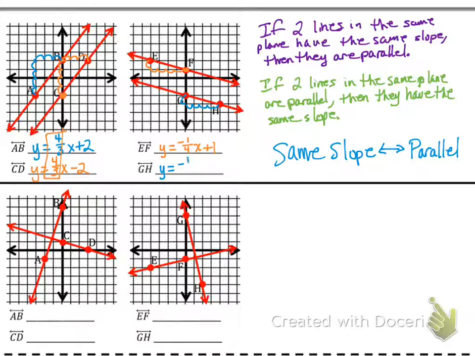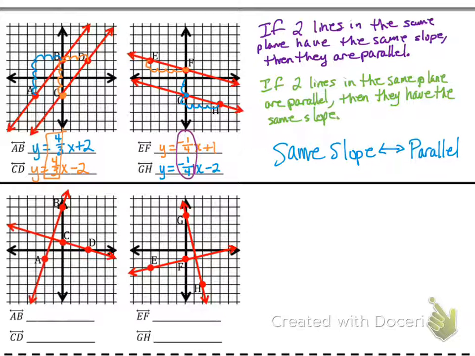So down 1 is the -1/4 times x, and my y-intercept is at -2. And so again, I notice that I have the same slope for both of these. That's the thing you have to remember. Same slope, they're parallel. So parallel lines have the same slope.